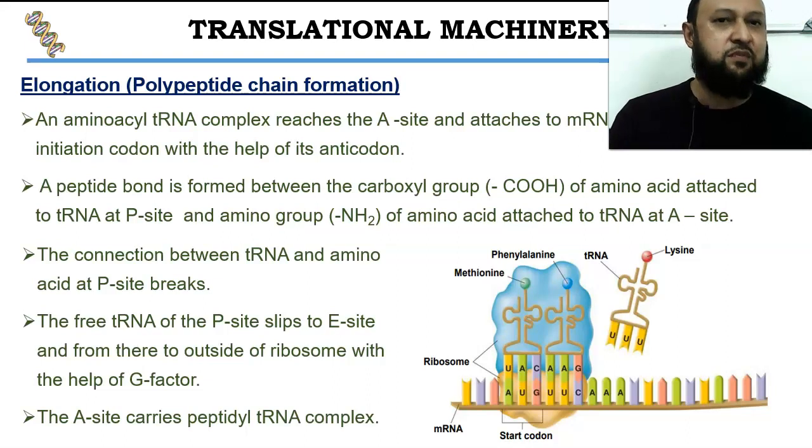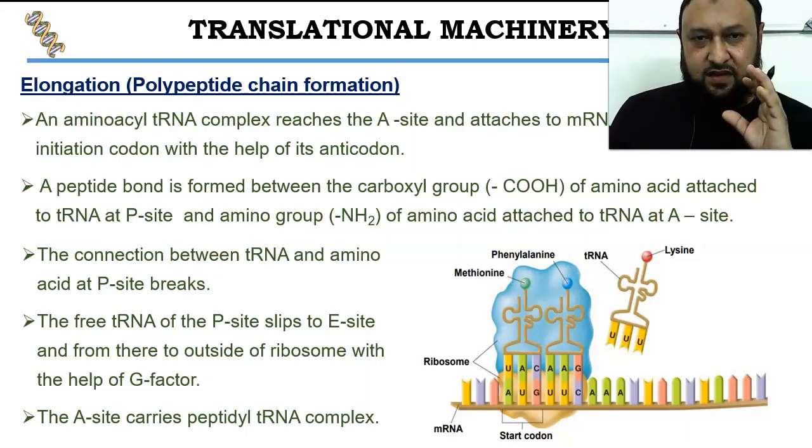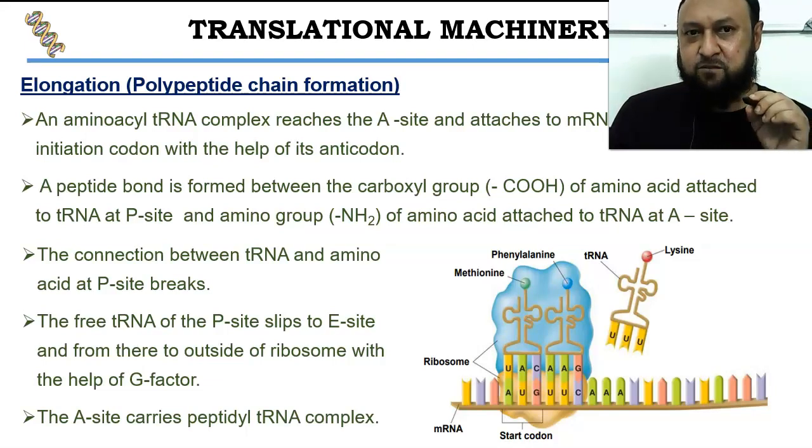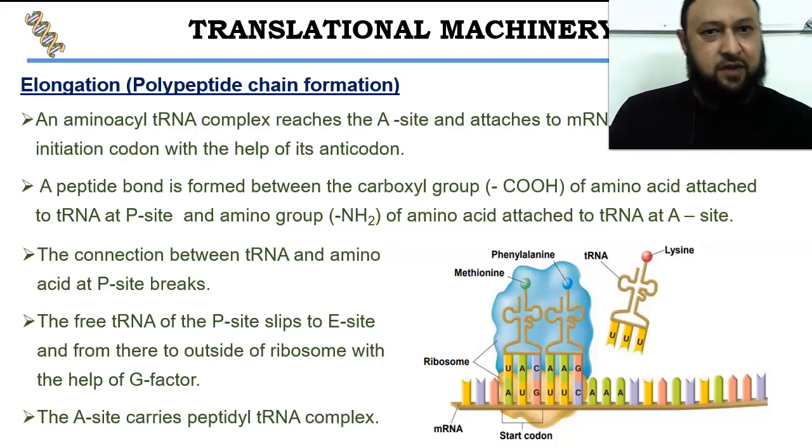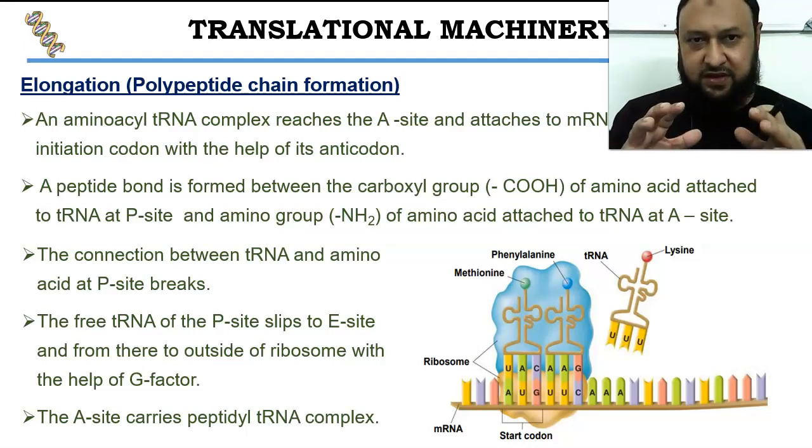Yes, this is another point, the G factor. This is a chemical reaction again, and the G factor is needed for the exit. Now, the A site carries the peptidyl-tRNA complex. This is in more detail, for the NEET examination.